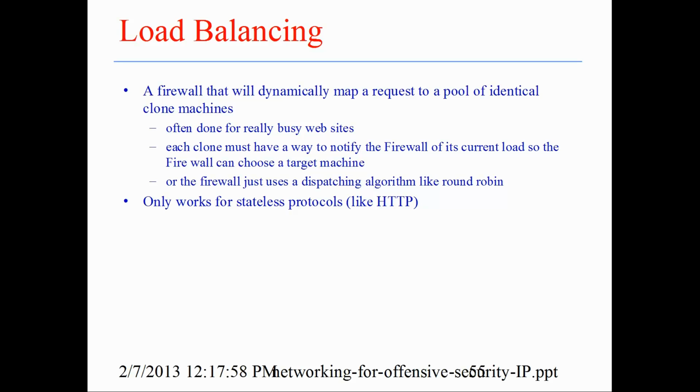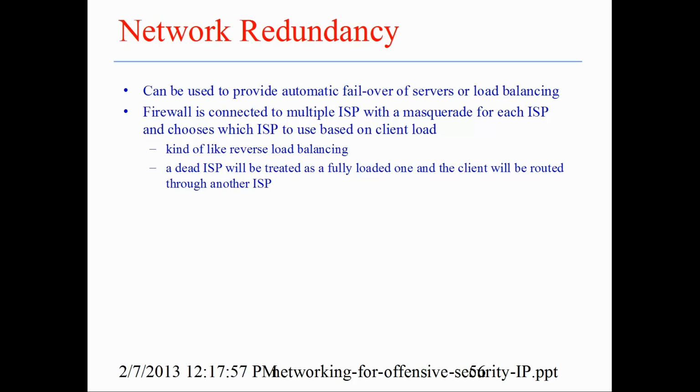Load balancing is more concerned with keeping a server, a range of servers, up and running and responding quickly and not getting bogged down too much by routing, and load balancing traffic evenly across a number of servers. And it only works well for stateless protocols. So if your connection suddenly gets handed off from one server to a different server, if you're communicating over a stateful protocol, it's going to completely break.